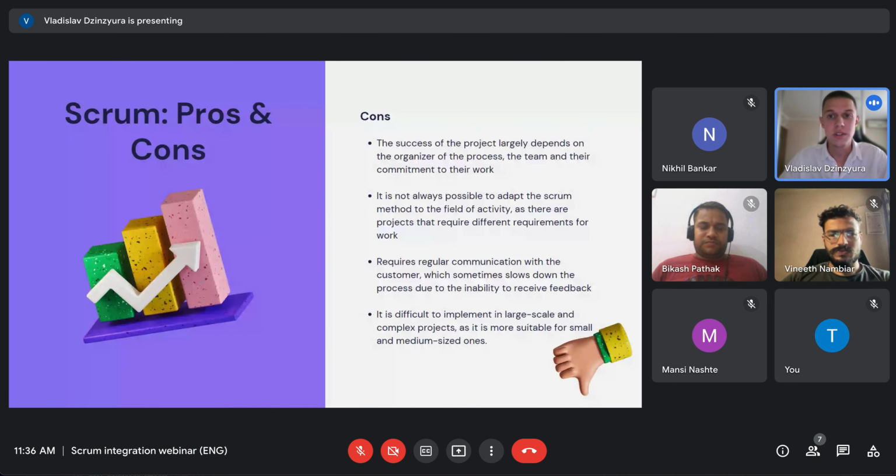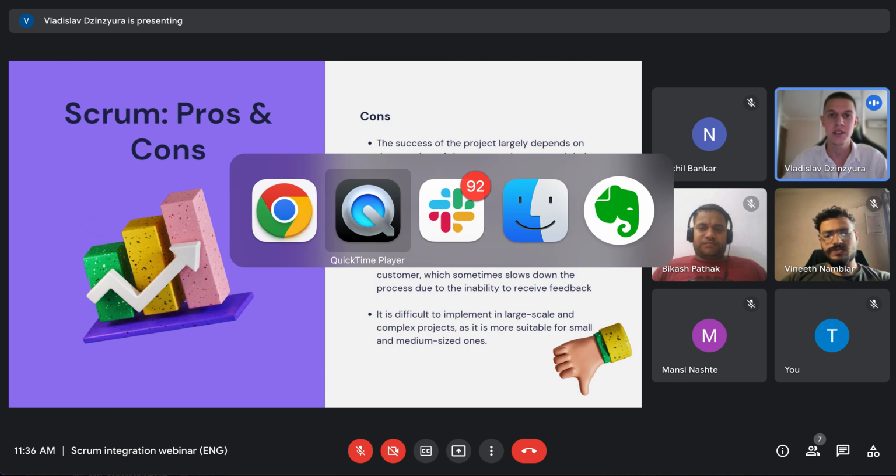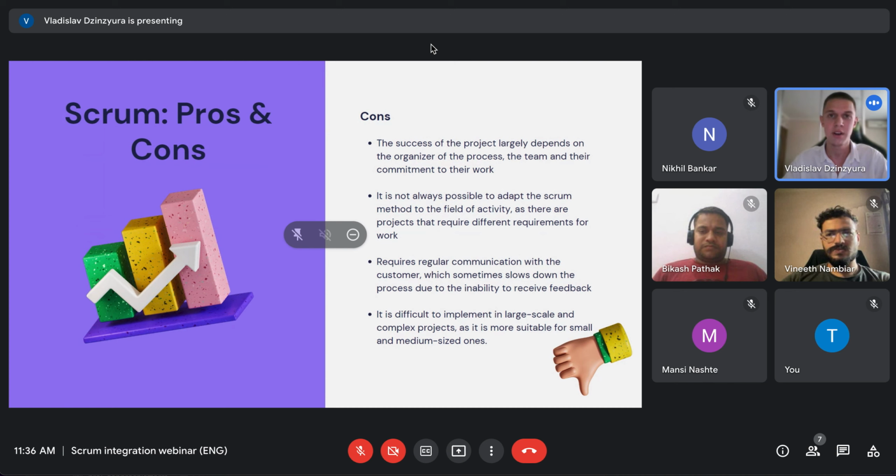As for the cons, the first one is that the success of the project largely depends on the organizer of the process, the team, and their commitment to their work. So, as I said previously, it's important that the team understands their motivation, their tasks, and has communication skills.